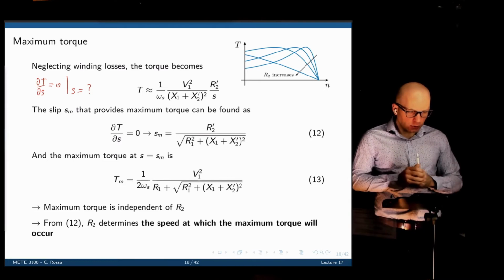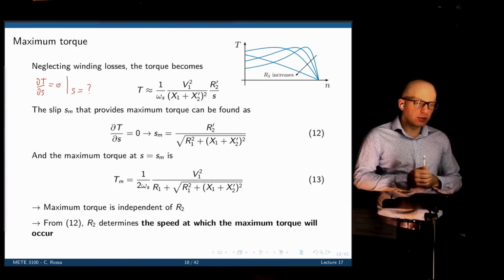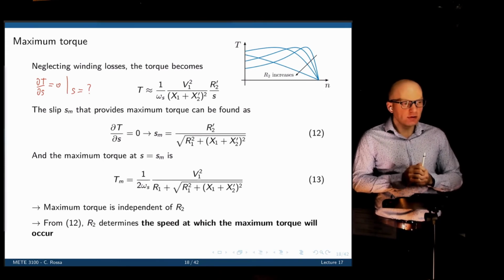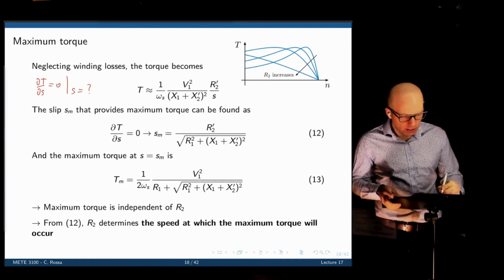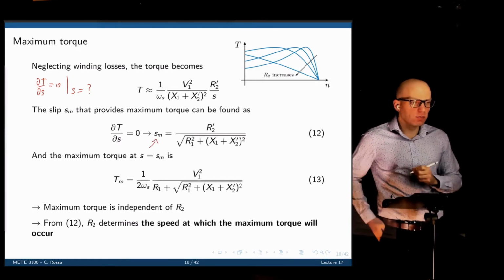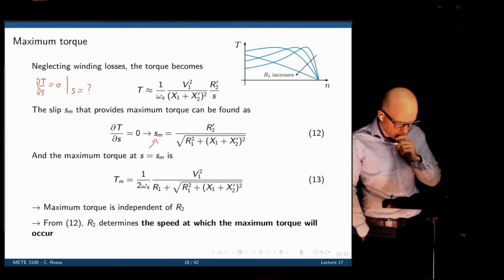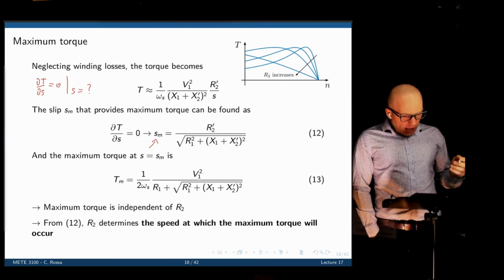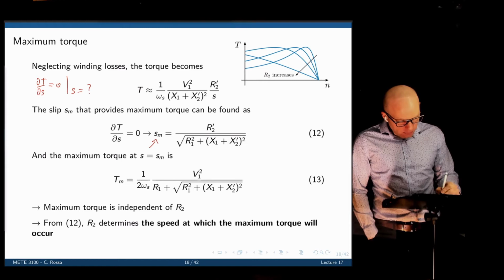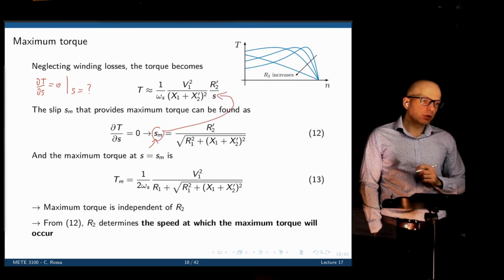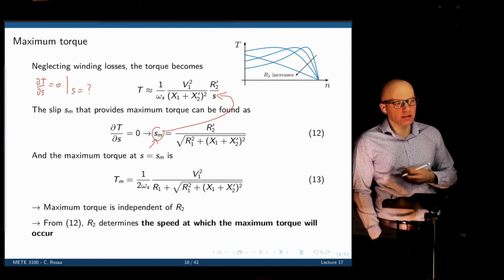Take the derivative of the torque with respect to s, set that to 0, and find the value of s that will now give the maximum torque, and you call that Sm, the slip for the maximum torque. Once you have that value, simply take Sm and put that back into s here to find what the actual torque is.